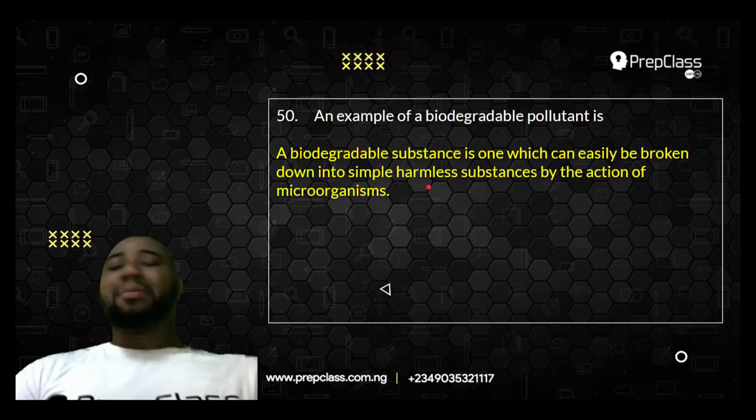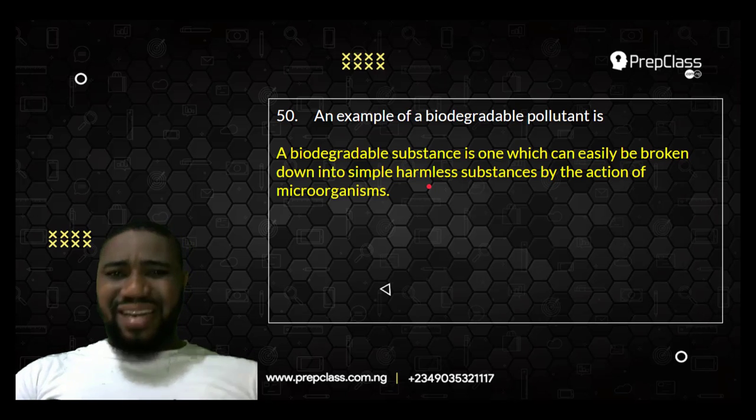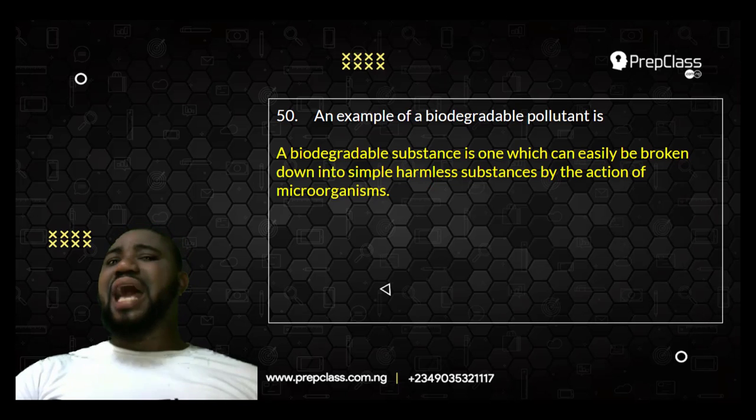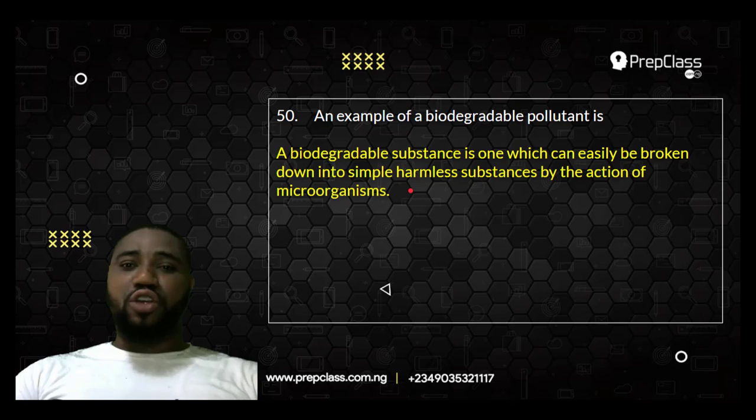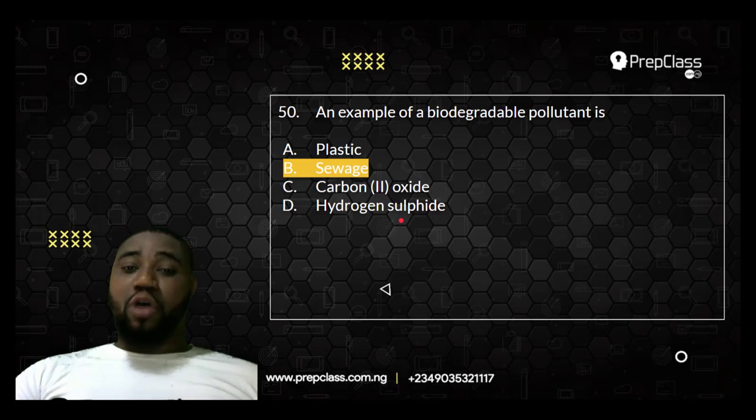From there, they can break down that urea and ammonia into nitrogen that can be easily absorbed by the soil. So that is why all these feces, urine or sewage can become what? Manure, converted to nitrogen by microorganisms. I will call that process biodegradable. So now you understand why sewage is the correct answer.